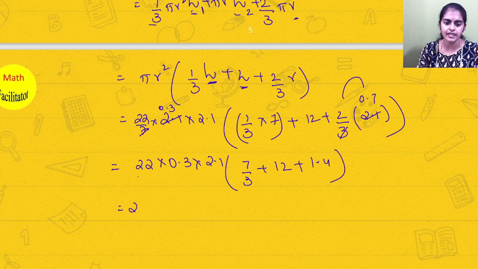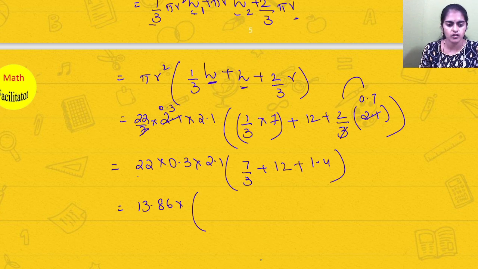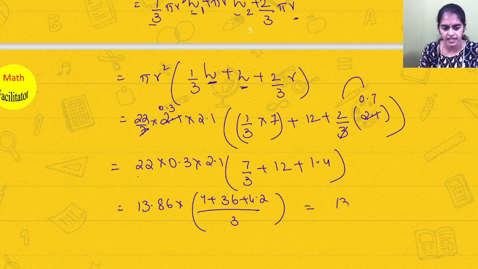So 0.63 into 22 is 13.86, into 7 by 3 plus 12 plus 1.4. 3 fours are 12, so this is 4.2 divided by 3. So the final answer is 13.86 into, how much are we getting here? Let me add and see everything.